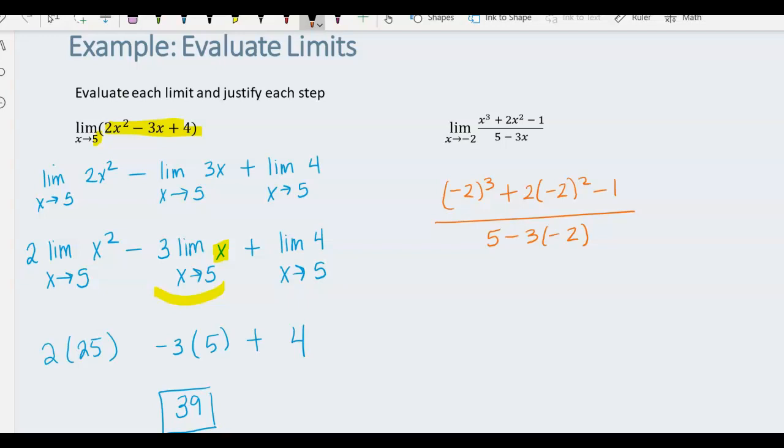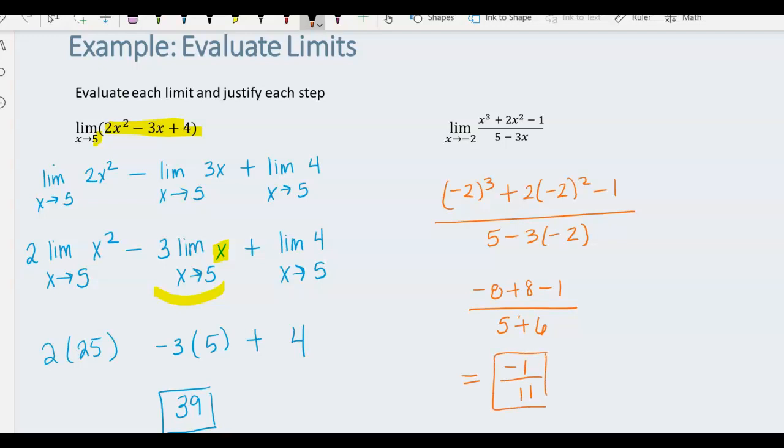I'll get, let's see, -8 plus 8 minus 1, over 5 plus 6. So I think we're getting -1 over 11. Those 8s are going to cancel out.